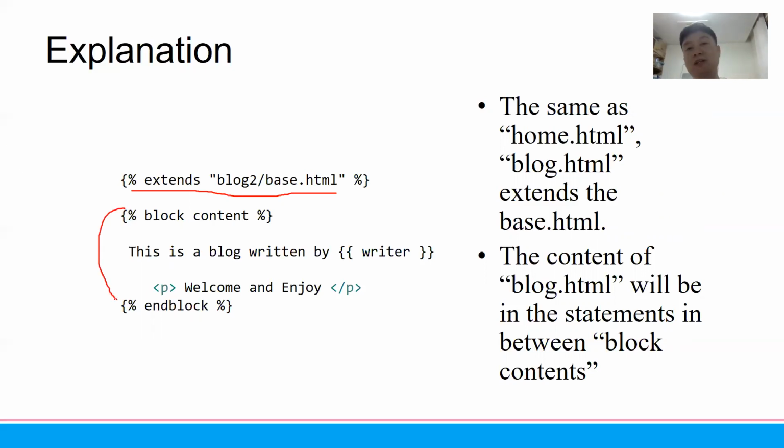Because in the base.html we don't have any content, when we click the block.html, the content will be this one. So this is a block written by the writer. You know that the writer is the variable name in Django, or the variable name in Python. And then you have the welcome and enjoy.